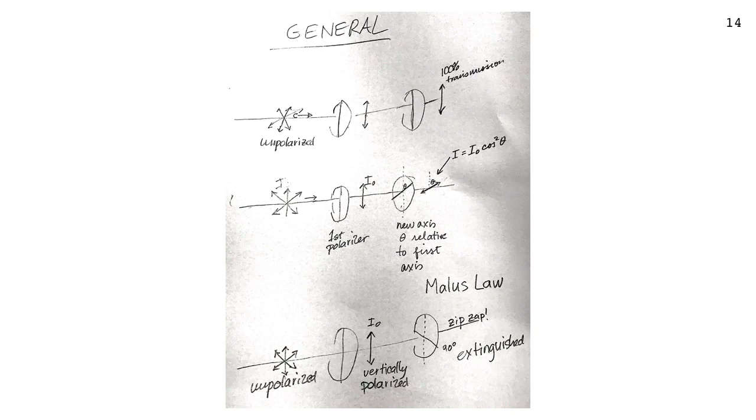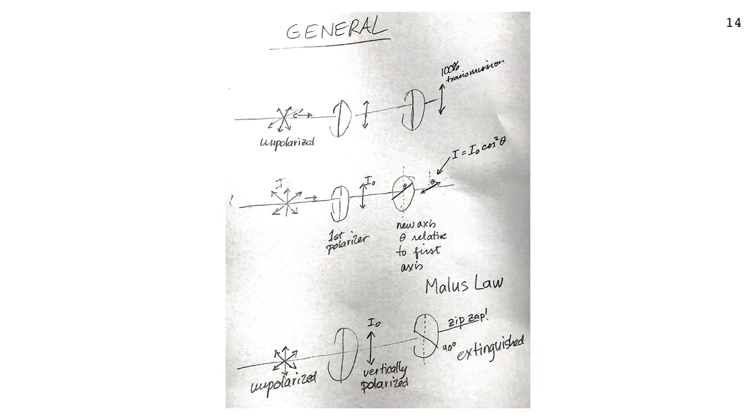The way that you represent an unpolarized beam of light is by a bunch of arrows like this, tilted in several different directions. And then here's your polarizer up here, and then here's maybe another polarizer up here. And here's your optic axis.